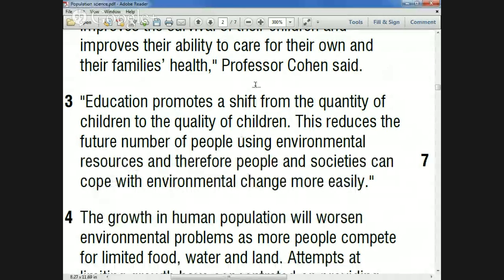To cope with, since this is a new word, keep in mind you also learn the preposition, because cope with always has the same preposition. Whenever you use the word cope, you always use the word with. And to cope with might be to deal with.